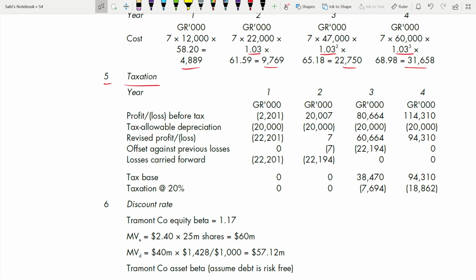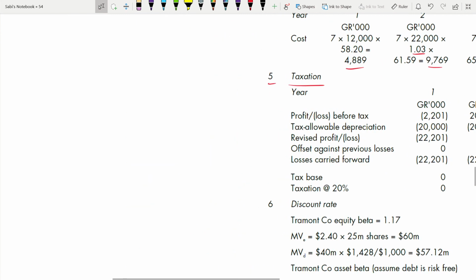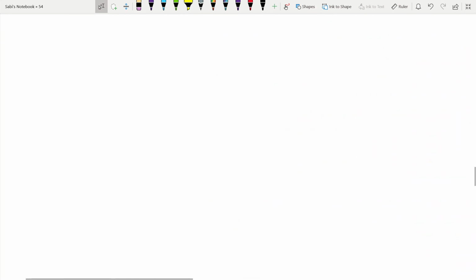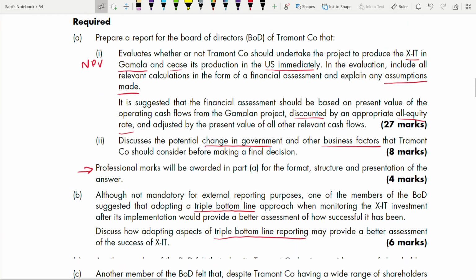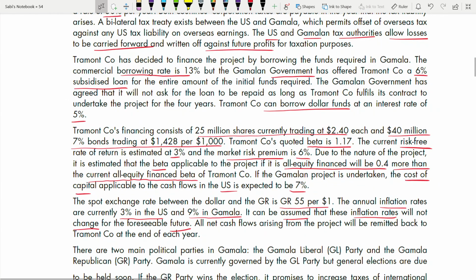Tax allowable depreciation is on a straight line basis over the 4 years for the cost of machinery. What is the cost of machinery? I forgot, so I will look at the table, the requirement.